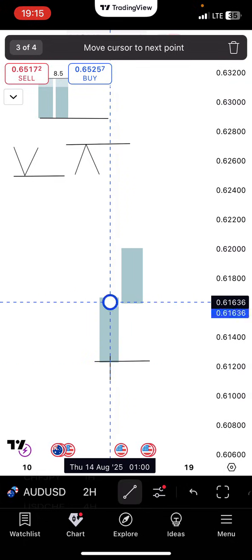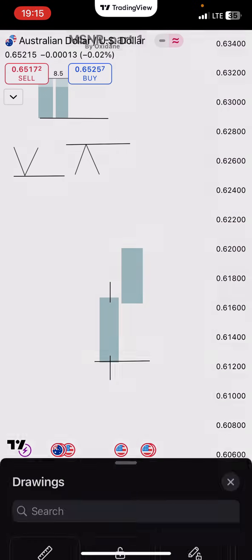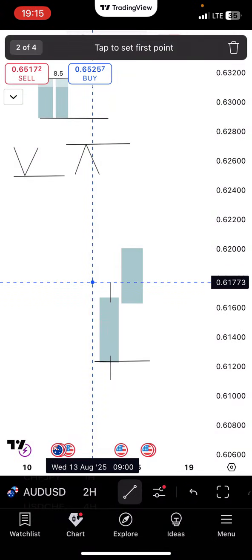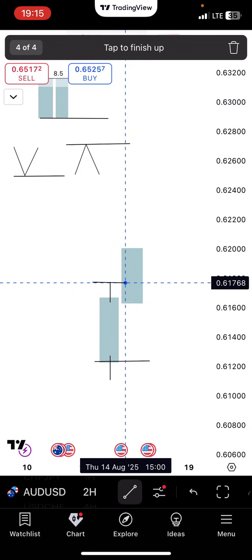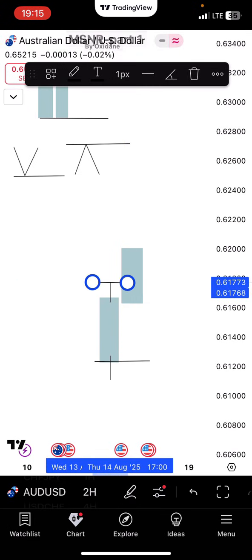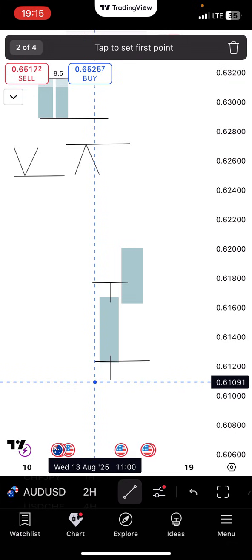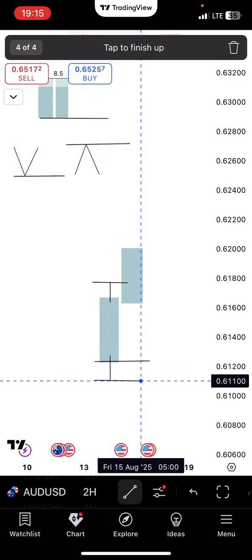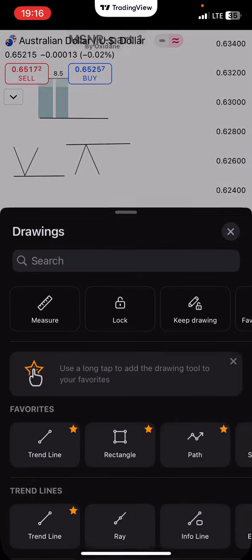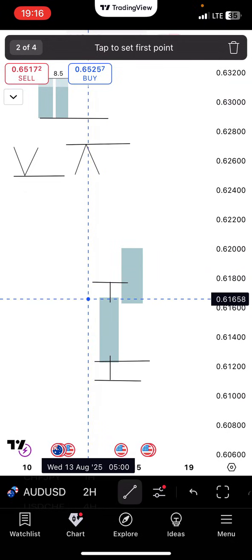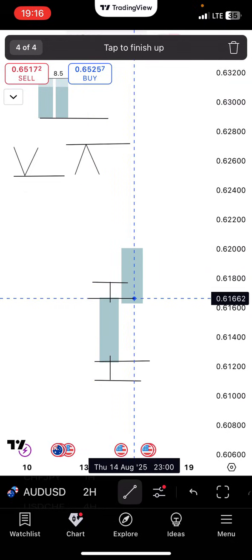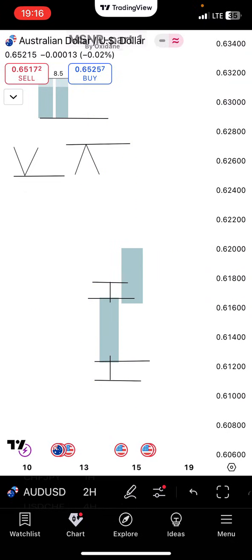This is the close. If there is a wick again here, then the high of the wick here is the high of the candle. Remember, this is the low of the candle, while here is the open, and here is the close. As easy as that.